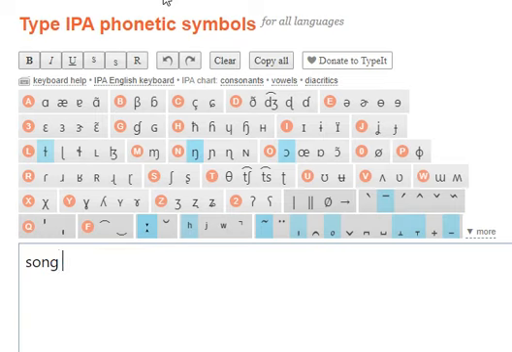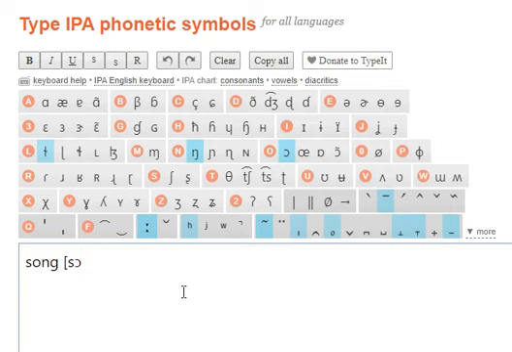Then I'm going to use the brackets. Remember that in phonological and in narrow transcription we need to use square brackets. Song, the symbol for the first sound is this one. Then I need the vowel, which is this one.